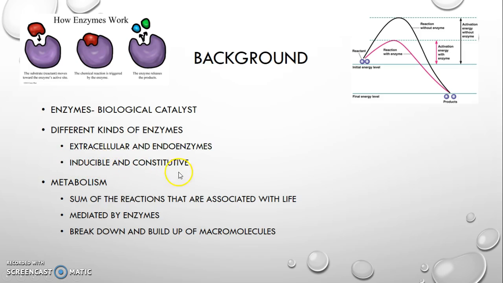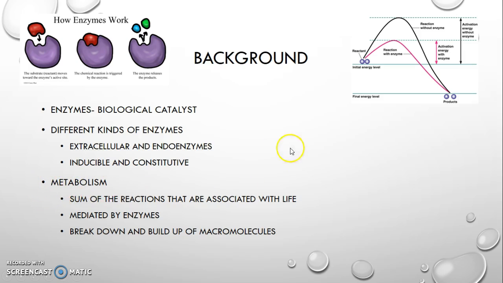A constitutive enzyme is just always produced. There is no control mechanism. Constitutive is a term we use in biochemistry for something that is always produced in a cell. You have constitutive receptors, and in this case constitutive enzymes. It's always produced no matter what the conditions are. Inducible is controlled by the conditions of the outside environment.